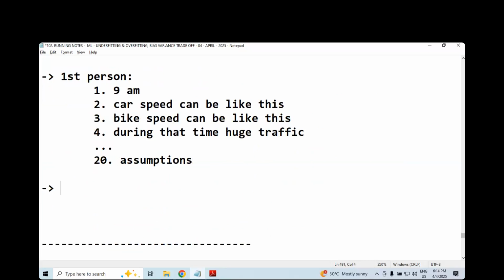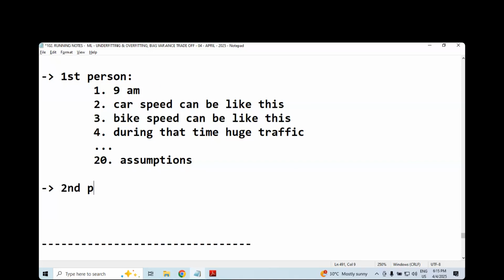Based on the injuries and the vehicle body damage, low, medium or very high, they can understand the speed. They will also look at the cameras, the CCTV footage. These are all assumptions.